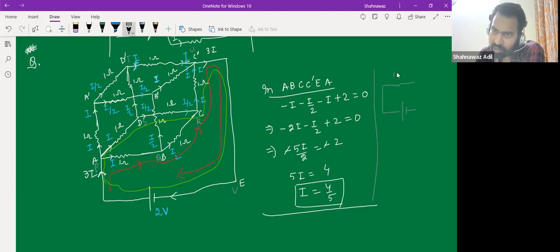Let's say this is R equivalent, the current is 3I, and the voltage is 2 volt. So V would be I prime R, where V is 2 volt, I prime is 3I, and R equivalent we want to calculate. So R equivalent would be simply 2 by 3 times I, and I is 4 by 5. So 2 twos are 4, so R equivalent is 5 by 6.